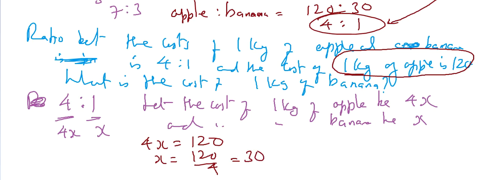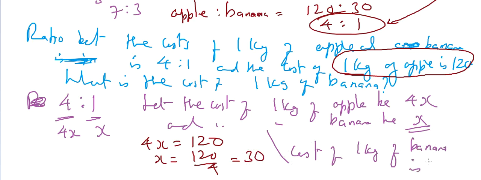So now we can find the value of the other one, which is banana. What's the cost of banana? Just x. So x you have already found. Therefore, the cost of 1 kg of banana is 30 rupees.